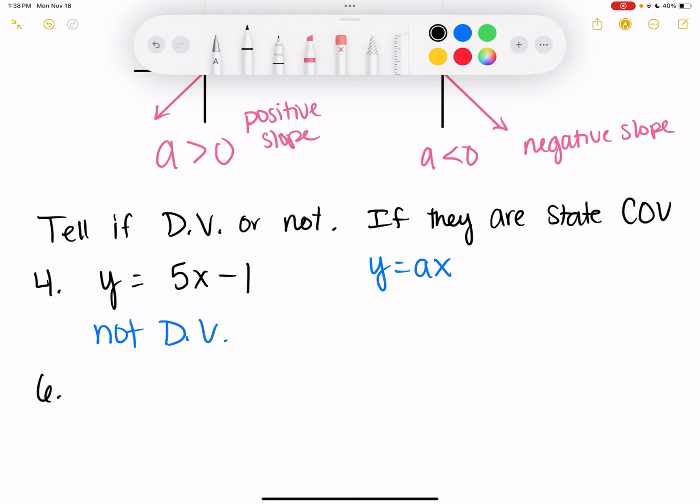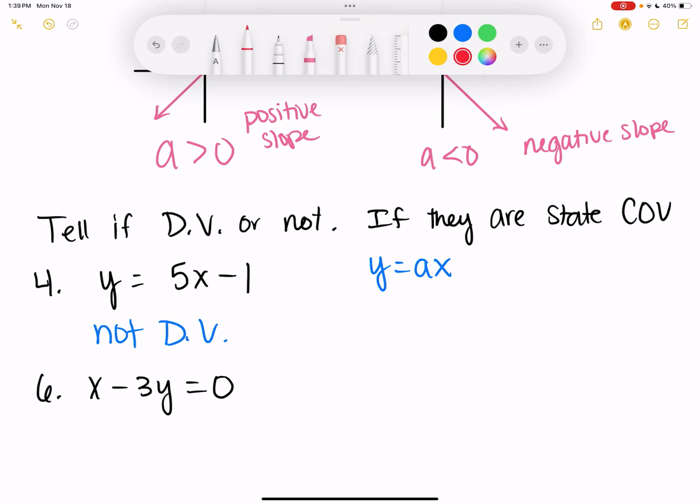Six x minus 3y equals 0. We need to rewrite it. We need y by itself before we say yes or no to it being direct variation. How do I get y by itself?